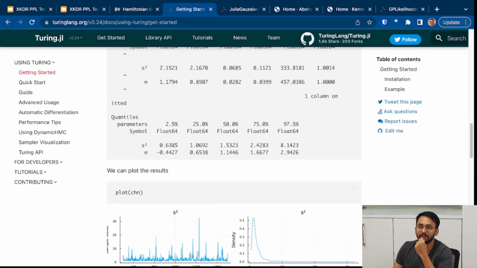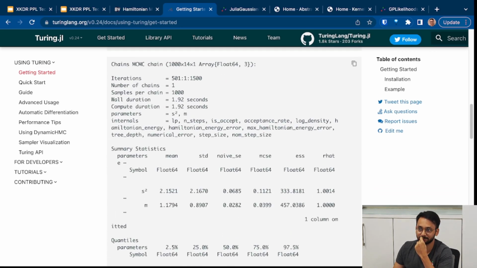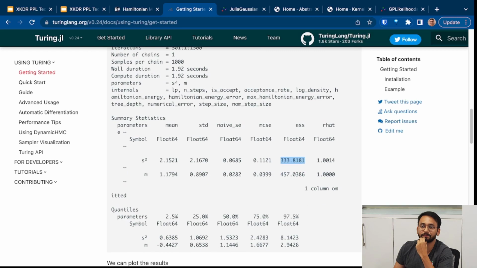And one thing to note with all of this is that for any given MCMC algorithm, it's always important to note the effective sample size. This is the actual number of credible samples, or worthiness of your samples. If the ESS is lower, that means your inference method didn't work that well, and it's important that you tune it until you get a sufficiently high ESS so that you have credible posterior computations.